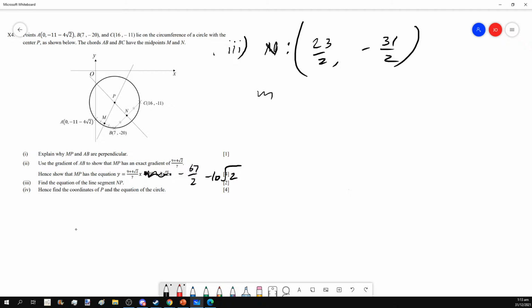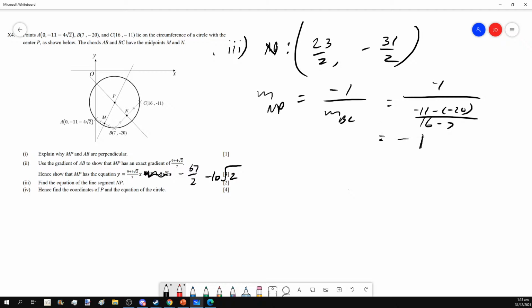And of course, the gradient of NP will be the negative reciprocal of the gradient of BC. So we'll have negative 1 divided by, and then from here we calculate the gradient by ourselves, like this. Right? So once you have this, you will realize that very nicely the denominator is going to give us probably the easiest possible answer. It is going to give us 1, and therefore we will have negative 1 divided by 1, i.e. we'll just get negative 1.